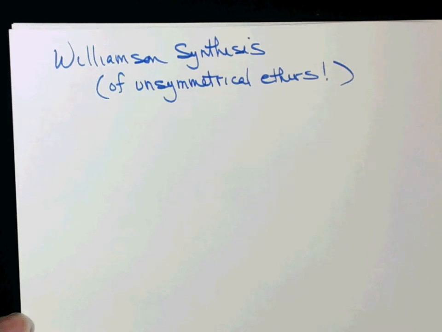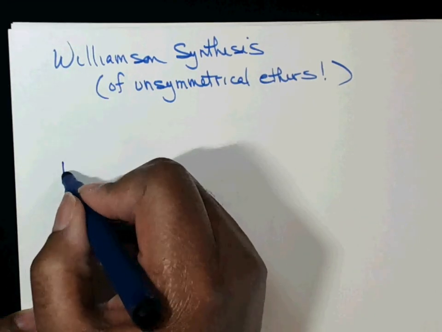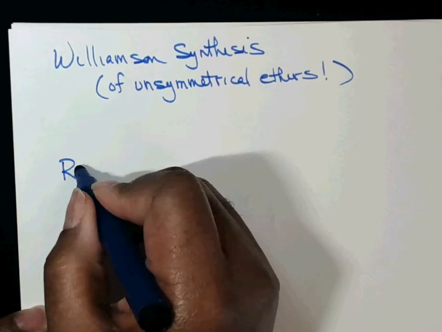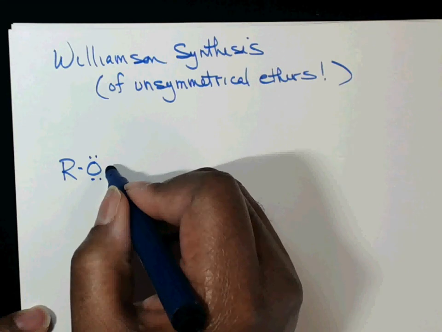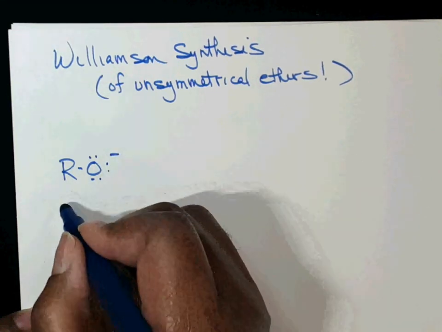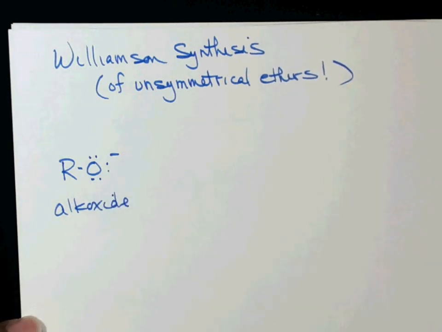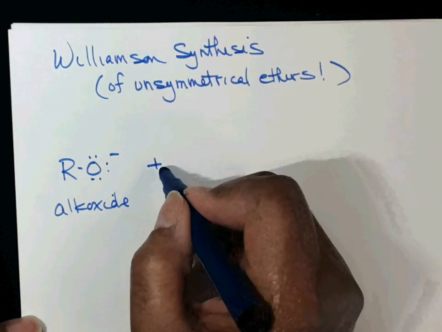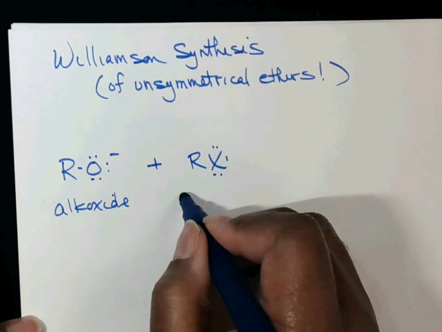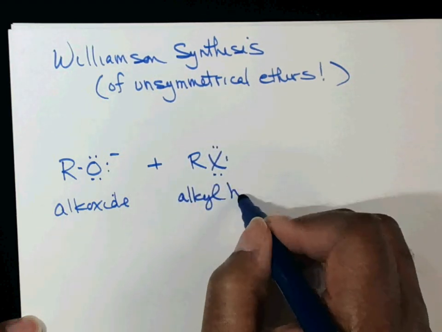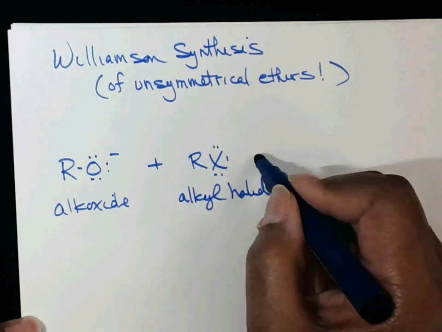Well, what Williamson found was that if you combined an alkoxide with an alkyl halide, you could get an ether.